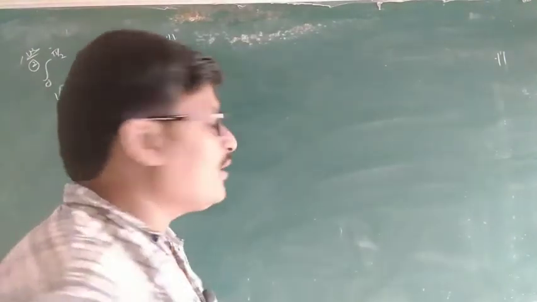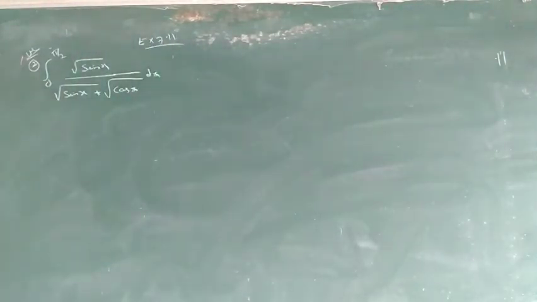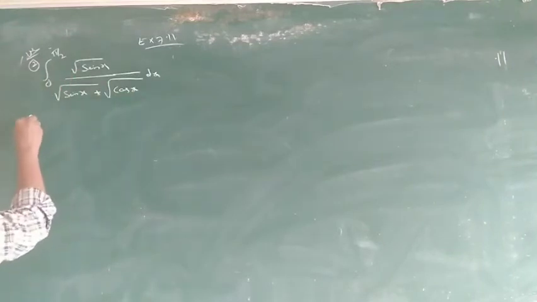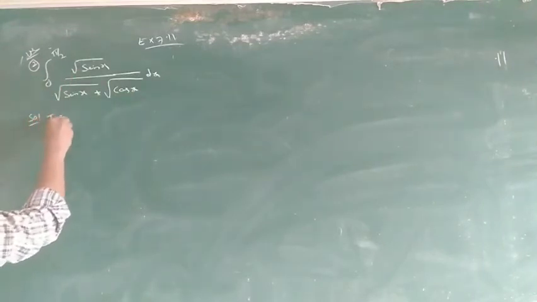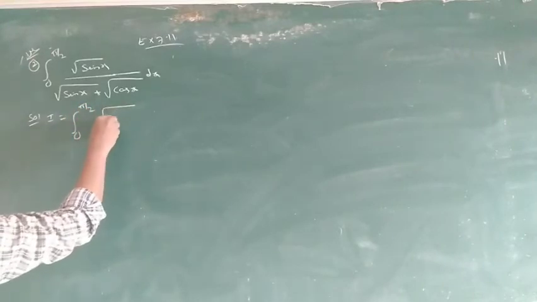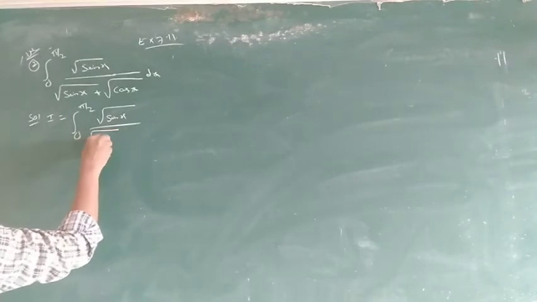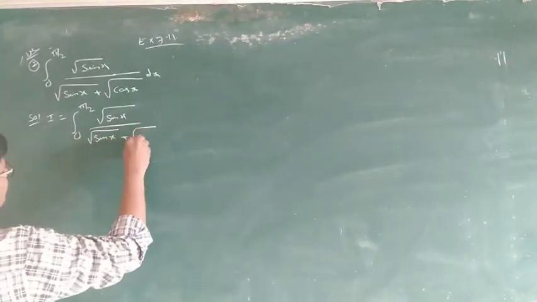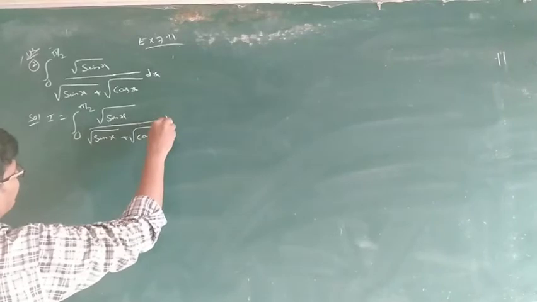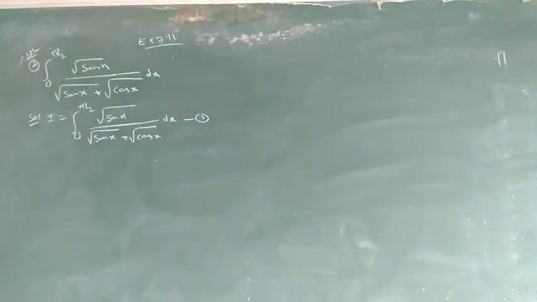Solution: I is equal to integral 0 to pi by 2 root sin x by root sin x plus root cos x dx. Equation number 1.